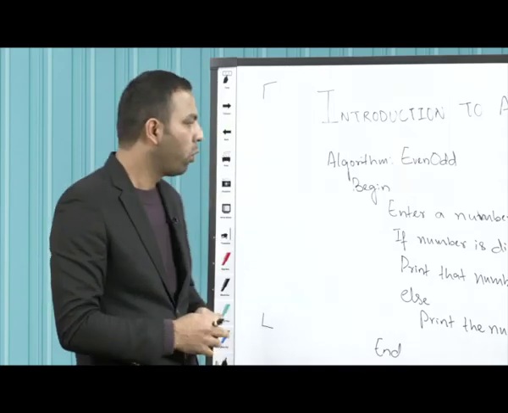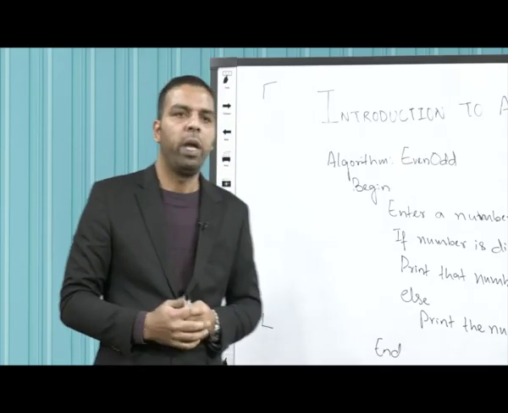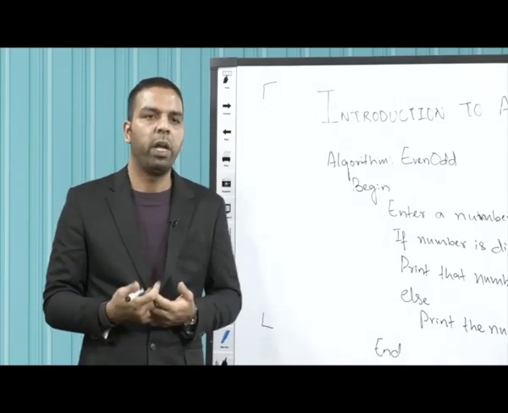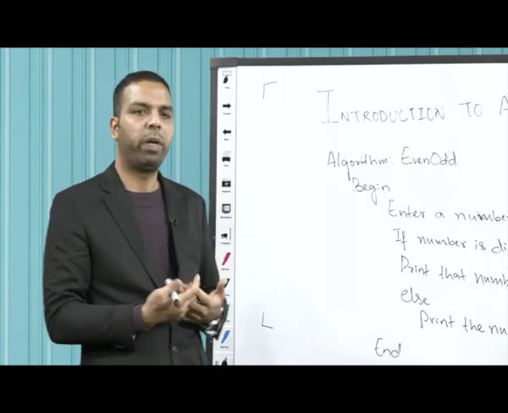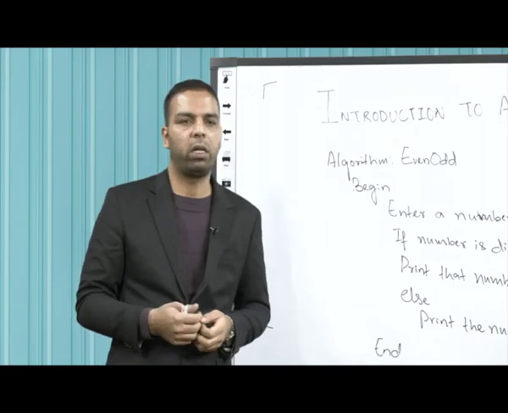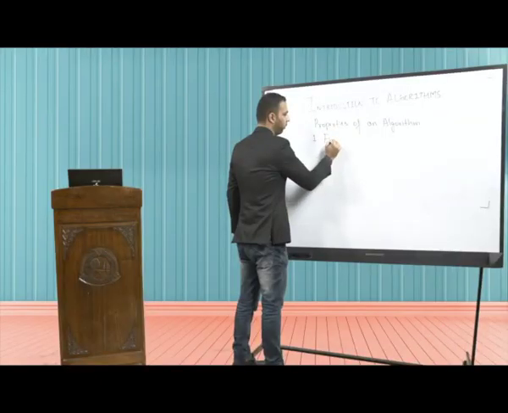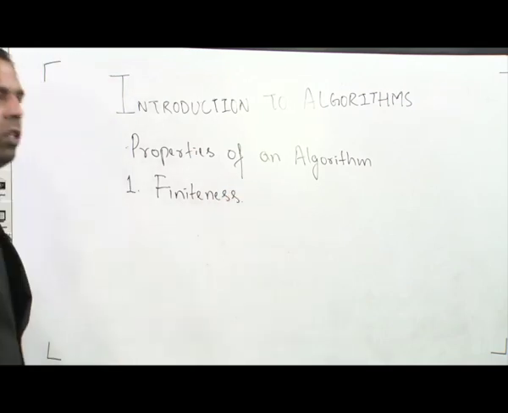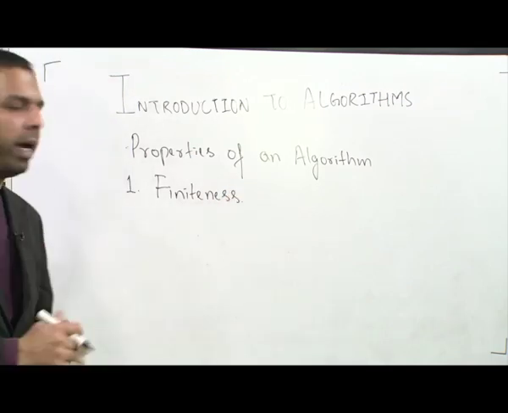Now this is a general algorithm, but when it comes to computer science, there are certain properties of an algorithm. For computer science, an algorithm has 5 properties. The first property of the algorithm is finiteness.